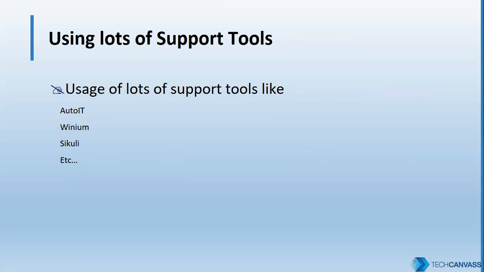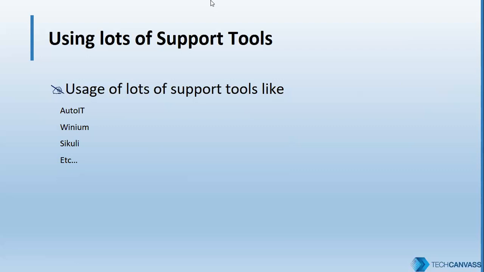Another mistake that we generally tend to make, due to tight deadlines or other reasons, is using a lot of support tools. We know that some Windows components, for example, cannot be automated by the default behavior of Selenium. So we integrate our Selenium test automation code with tools like AutoIt, Vinium, Sikuli, etc. These tools are good to use.